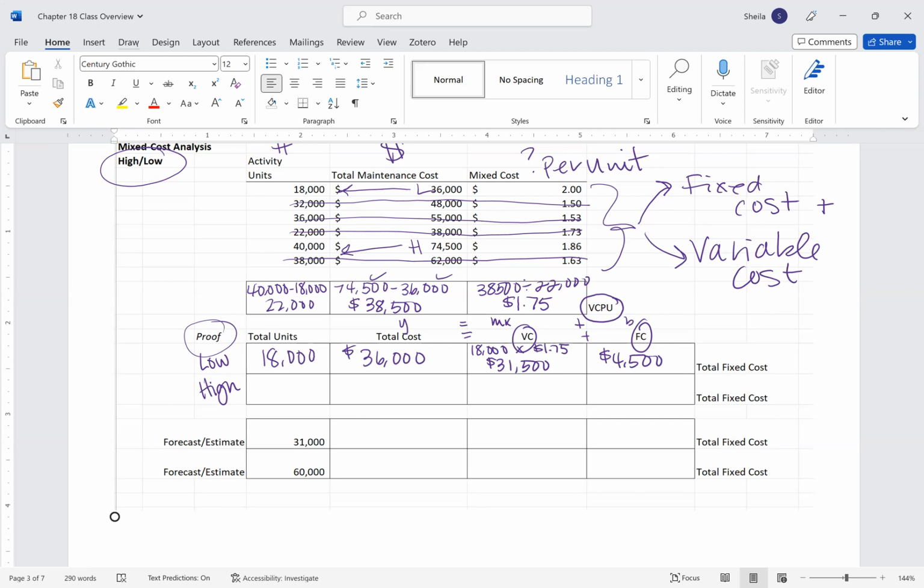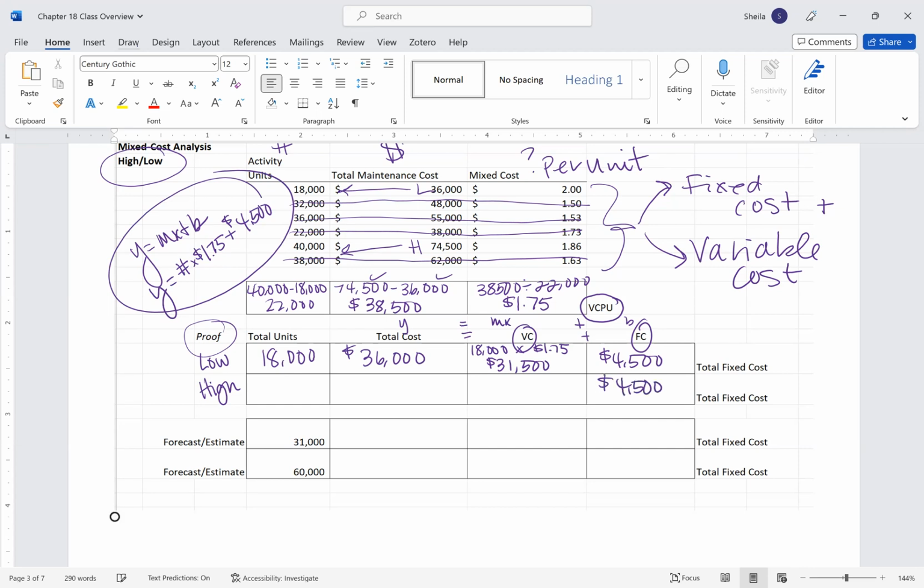Now, since I use this as the model, my Y equals MX plus B is Y equals some units times $1.75 plus 4,500 of fixed cost. That's my equation that I'm working with. So I know my fixed cost has to be 4,500.